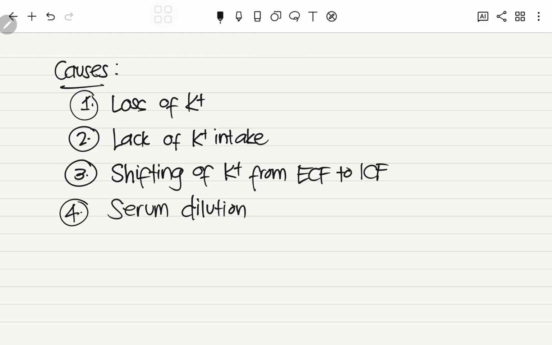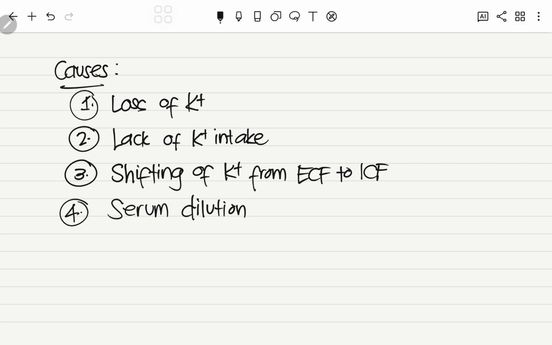Simple lang dito, class. Kapag sinabi po natin serum dilution, halimbawa yung blood natin, in the blood that's located in the bloodstream. Normally, the consistency should be yung comfortable for the blood to survive.